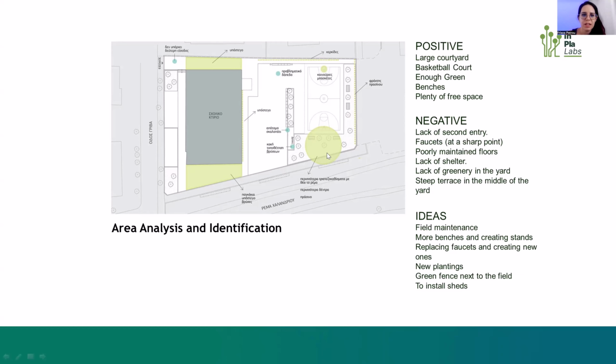And here in green, we can see some ideas and proposals. Like here we need new baskets, maybe. Or here we need more sitting spaces in order to watch the water.